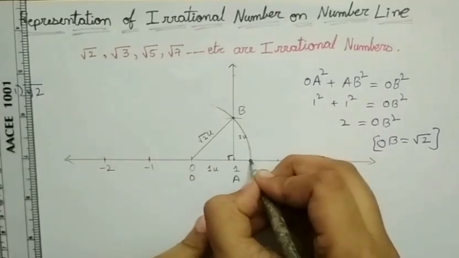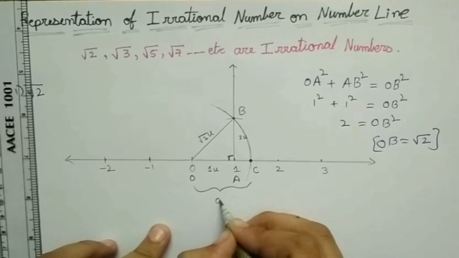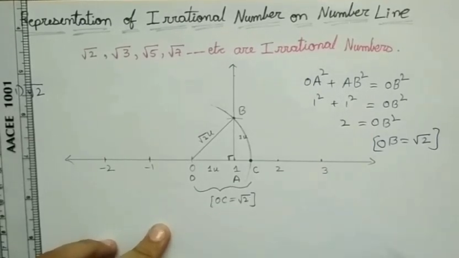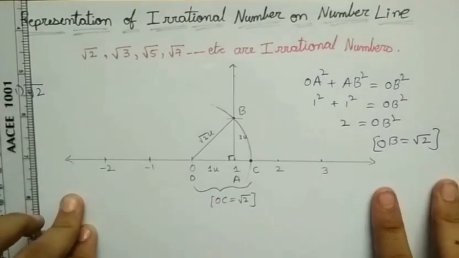Now, we'll point it as C. The length of OC will be root 2. So, OC will be the root 2 on the number line.